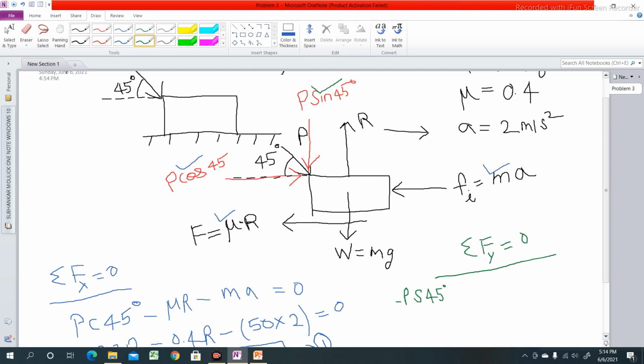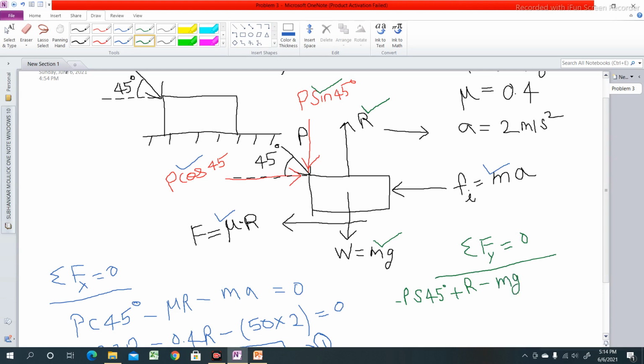Then this reaction force, which the horizontal surface is giving to the block, is acting along positive y direction, so it will be plus R, minus the weight of the block, and this weight is acting in negative y direction, so it will be minus mg.